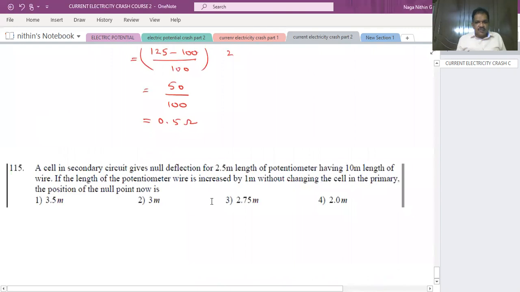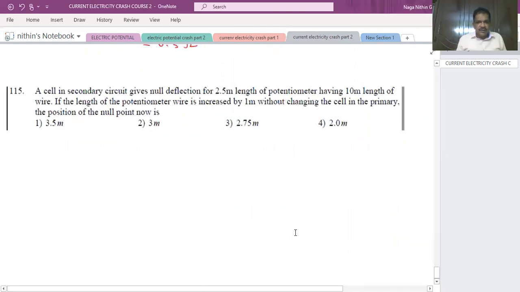Next, last problem. Cell is connected to this repeated model. Here also capital L proportional to l. L1 by L2 is equal to small l1 by l2. Okay, initially second null deflection 2.5 meter is there for 10 centimeters.